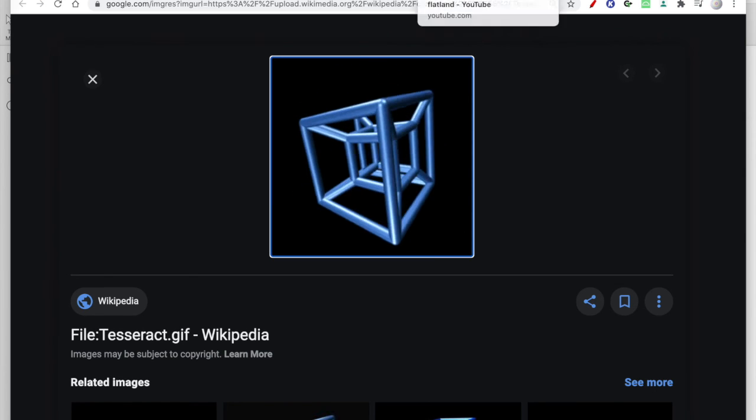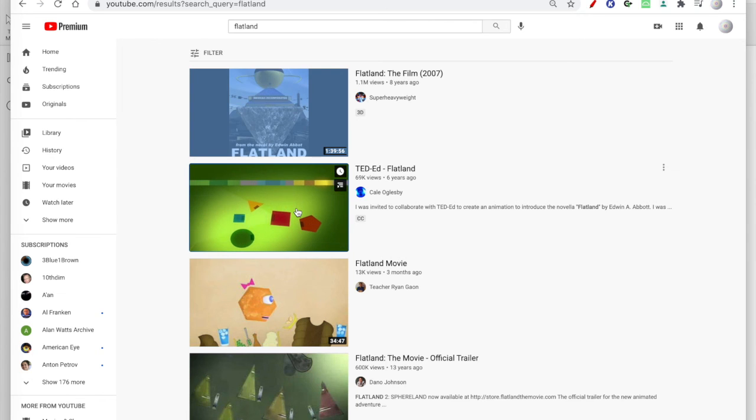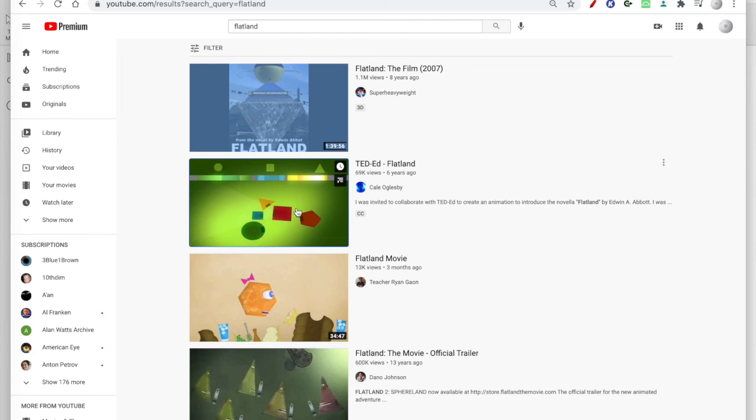So the book was called Flatland. In the 1800s, they made a book that was showing what it would be like to live in a 2-dimensional world, and then using that metaphor to sort of try to conceptualize what it would be like as a 3D person or figure like we are, experiencing a 4th-dimensional shape.